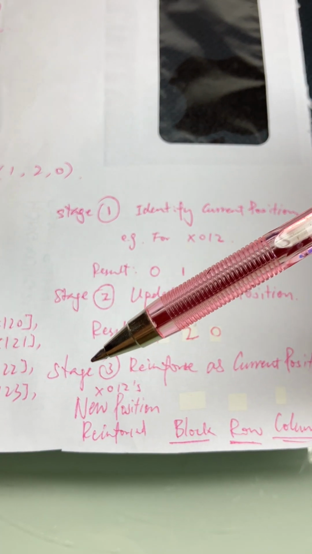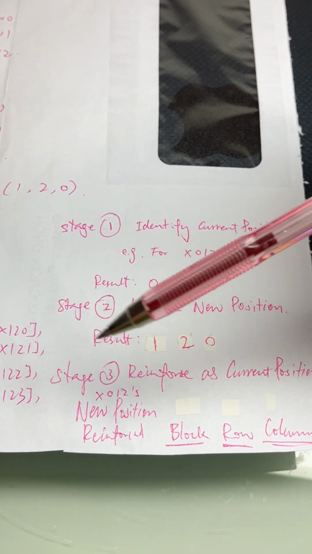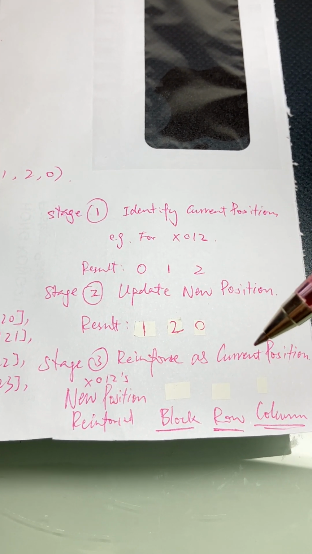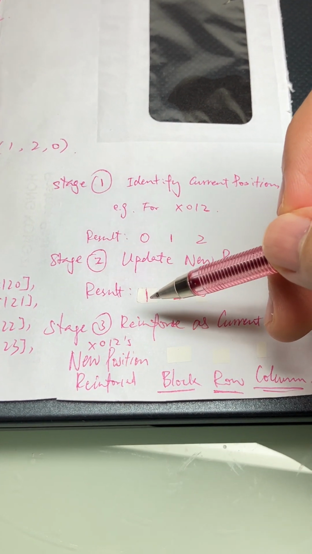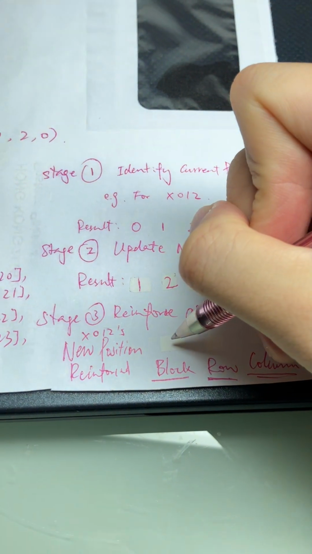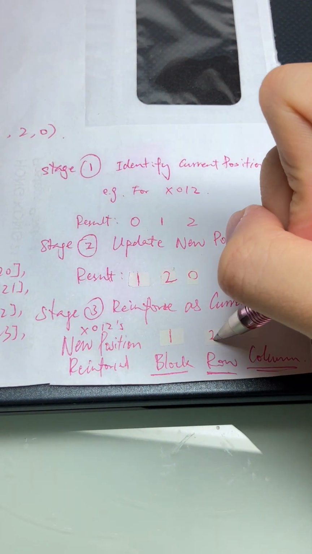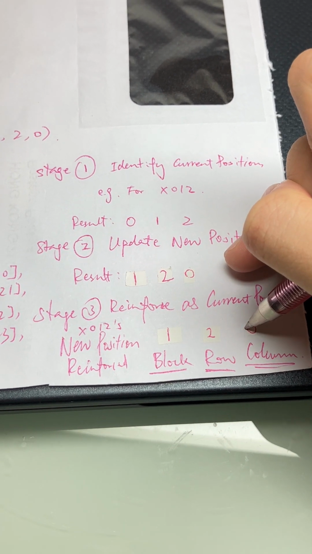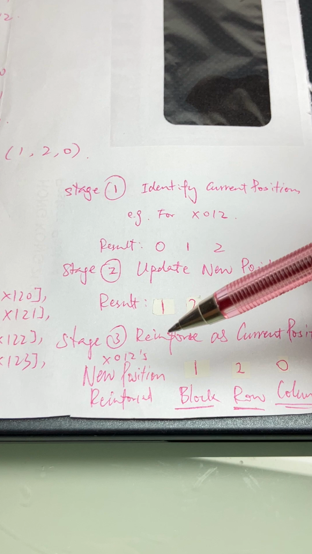The third stage is to reinforce the result of stage 2 as the current position. That means we simply copy the result of stage 2, 1, 2, 0. And how do we reinforce it?